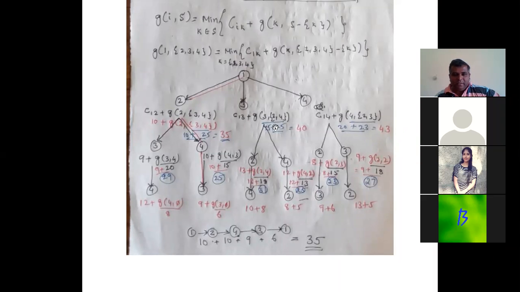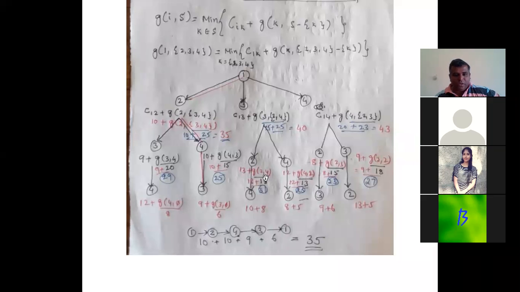Similarly, when we reach 3, C of 1 3 plus G of 3 comma the remaining unvisited nodes, which are 2 and 4. So what is G of 3 comma 2, 4? Either C 3 2 or C 3 4, either 2 or 4. C 3 2, that is 13, plus G of 2 comma 4.